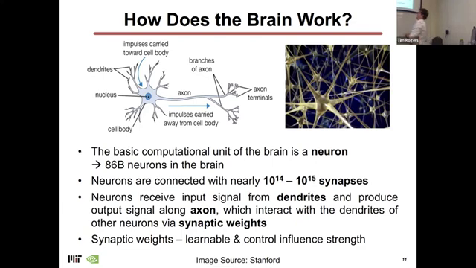And there's some biology-centered terminology about what a neuron looks like. It's got dendrites that come in from other neurons, and then it's got this axon that comes out. It sends the output signal from this particular neuron, and then it branches out and becomes the inputs to the other neurons in the system.